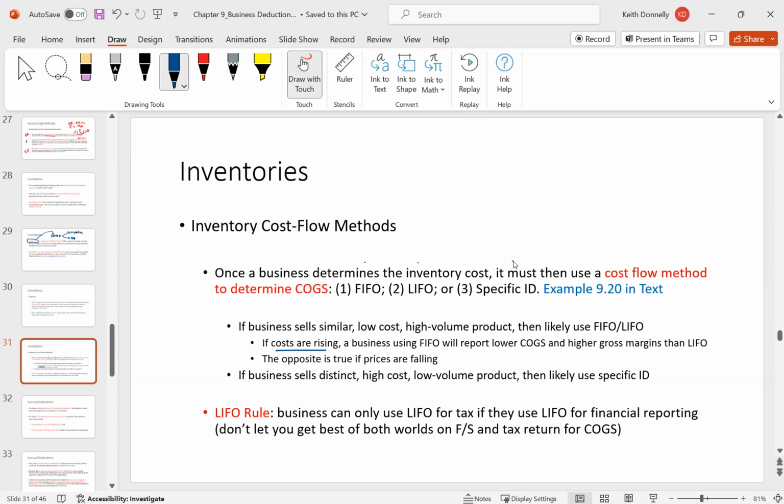I would know it exists, but the actual calculation is tested more in a financial accounting class. One thing to be aware of though is this LIFO rule. You can only use LIFO for tax if you use LIFO for your books. They're not going to give you the best of both worlds, letting you mix and match. If you want to use LIFO for your tax return, then you must also use LIFO for your books and records.